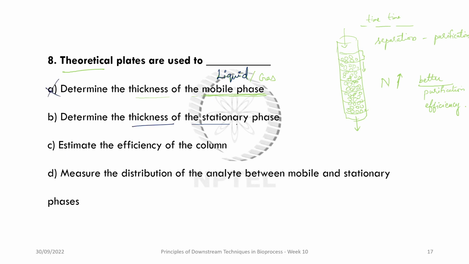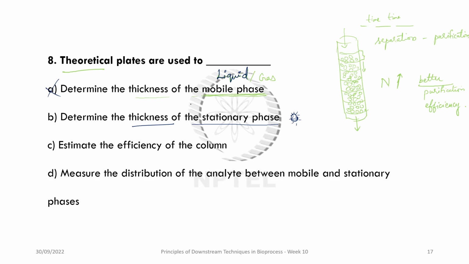Determine the thickness of stationary phase. So the stationary phase thickness, if you're talking about the bead diameter or thickness, then it will determine the pressure, the pore size, or the amount of surface area available to attach functional groups or ionic groups here, if it's an ion exchange resin.